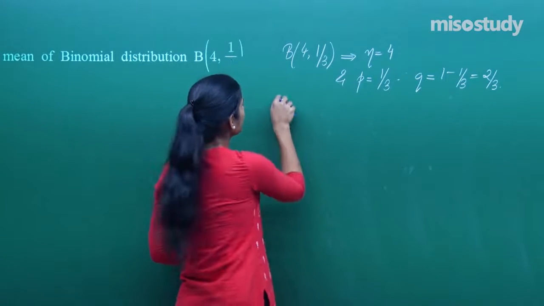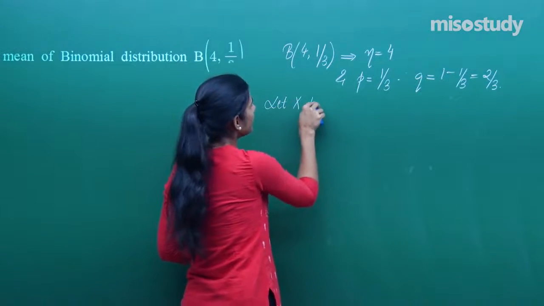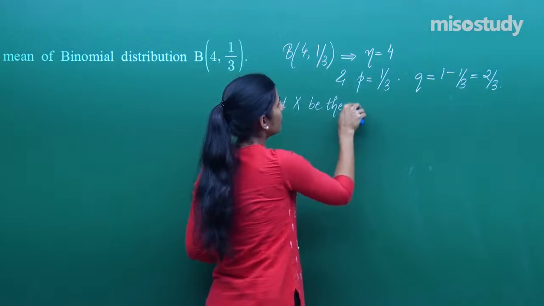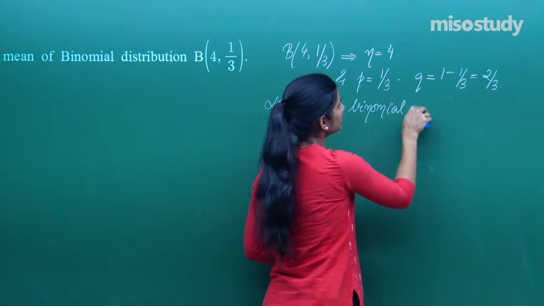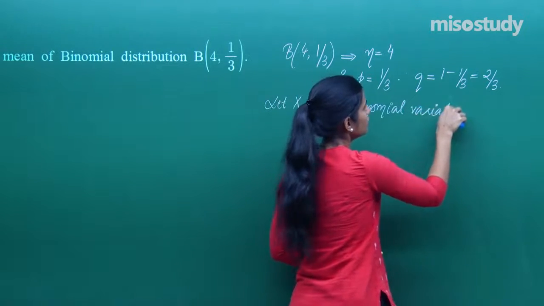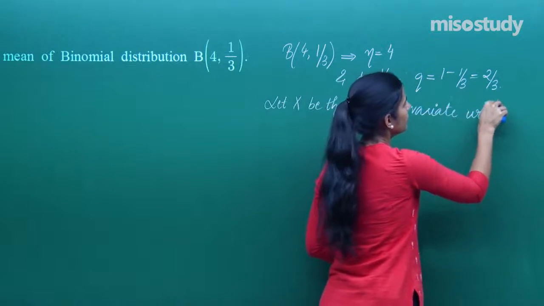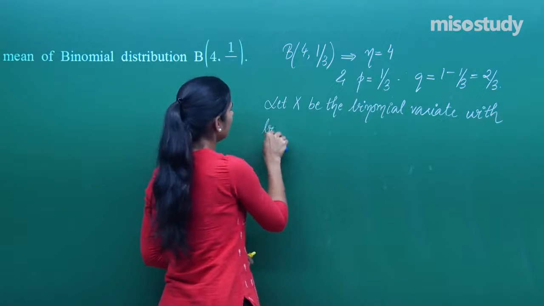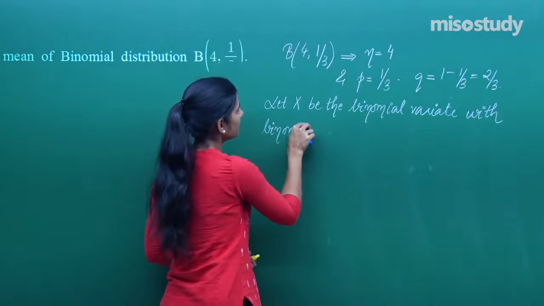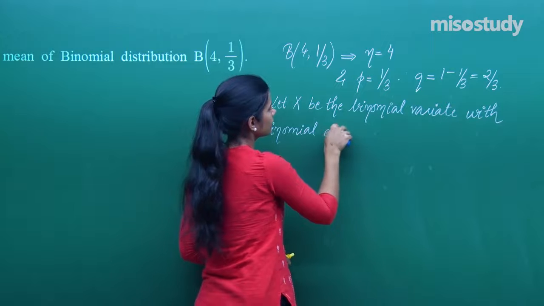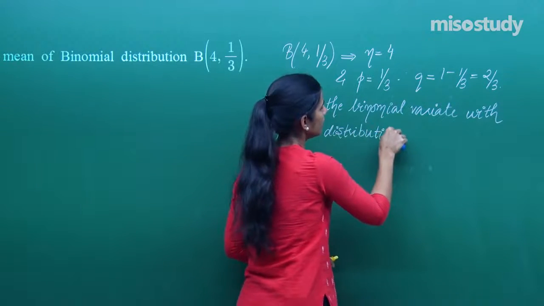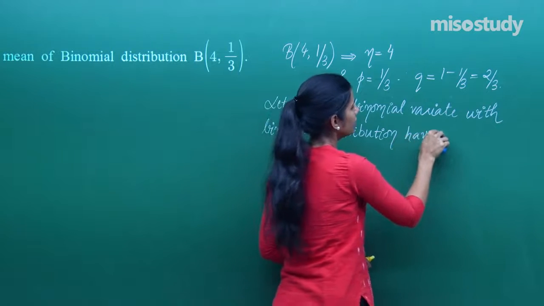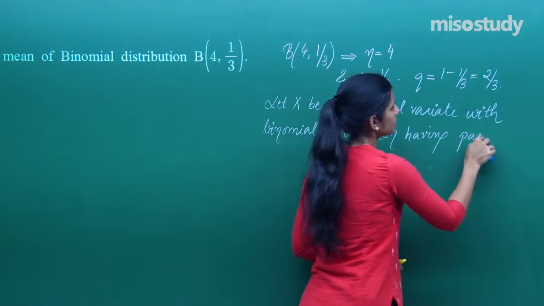So I am clearly saying that let capital X be the binomial variate with binomial distribution having parameters.